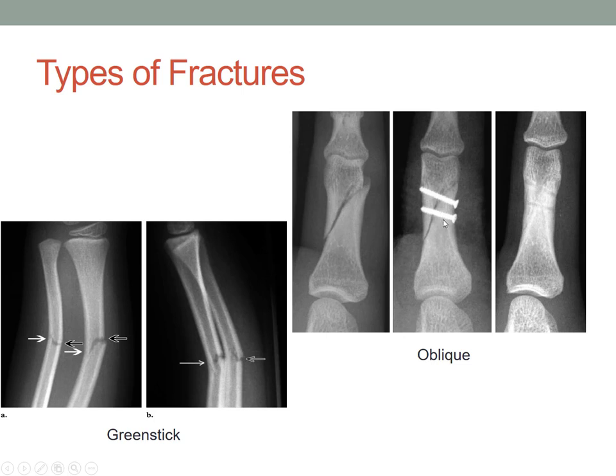In the center, you see the two screws holding the bones together. And then the right picture, you see as the bone has healed, you still see the paths where the screws went. And you can see the really dense bone where that is still in a healing process.